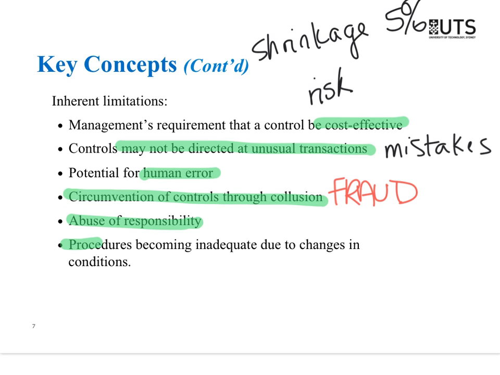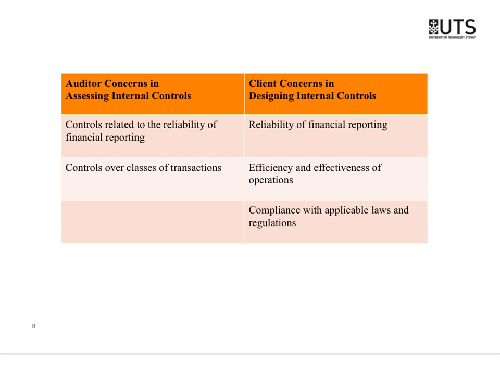And then procedures may become inadequate. This happens quite often in companies that grow quite quickly. They start small, they have procedures that suit a small business, but as they get larger and larger, their procedures may not change or adjust to take into account increasing complexity, more staff, change in the business.